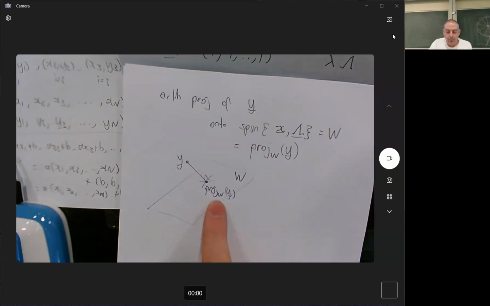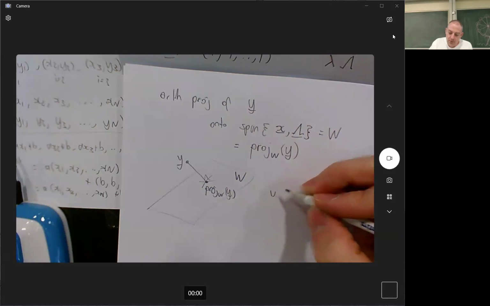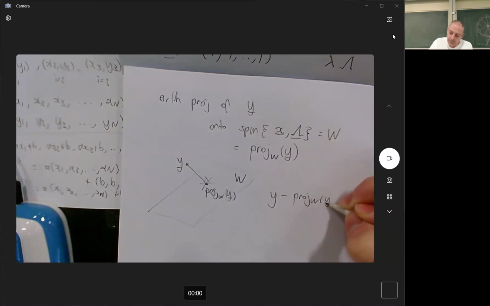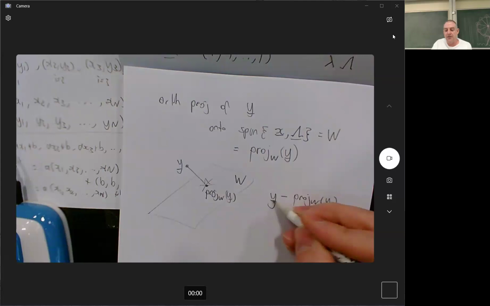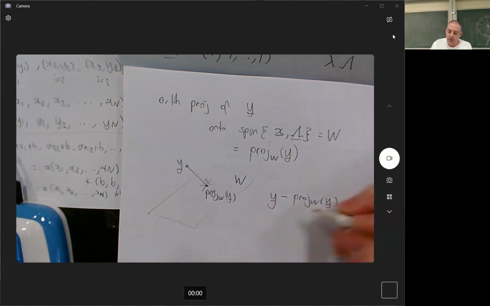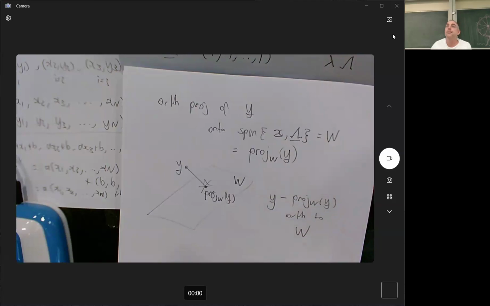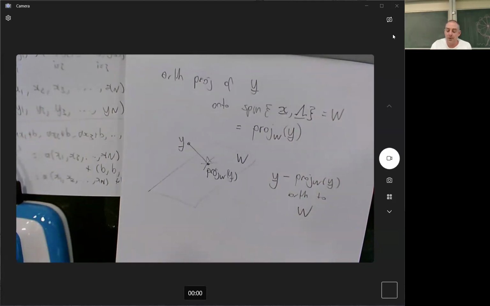Okay, so this vector that goes from the projection outwards to Y. When you subtract two vectors, it gives you the journey between them. So this is from the projection back to Y. That has to be orthogonal to the entire W. That's the word orthogonal.